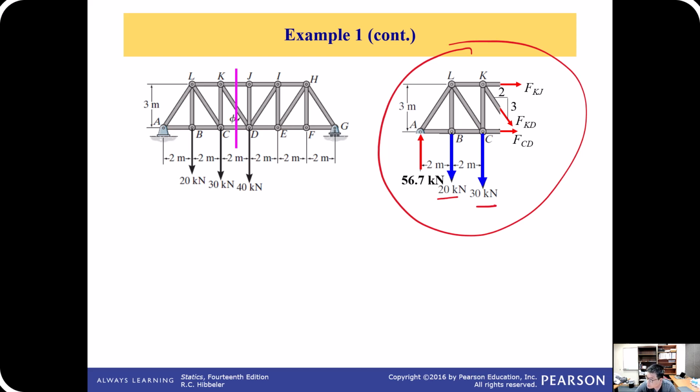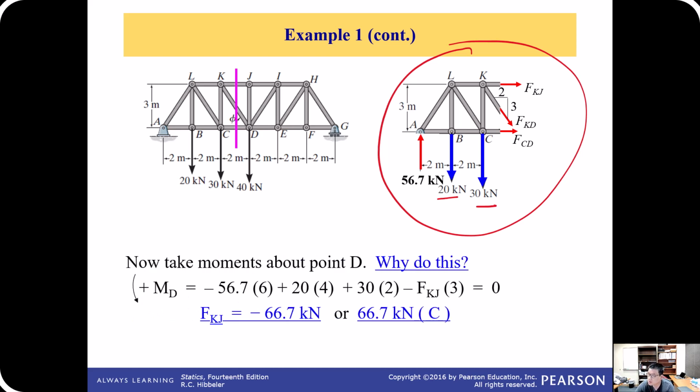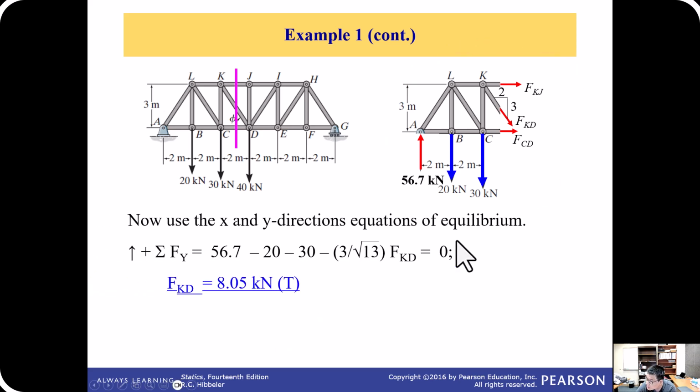So here's the equation, and after using a calculator, we can find FKG is negative 66.7. And it should be a compression, based on what we discussed before. And then use the x and y direction equations of equilibrium.